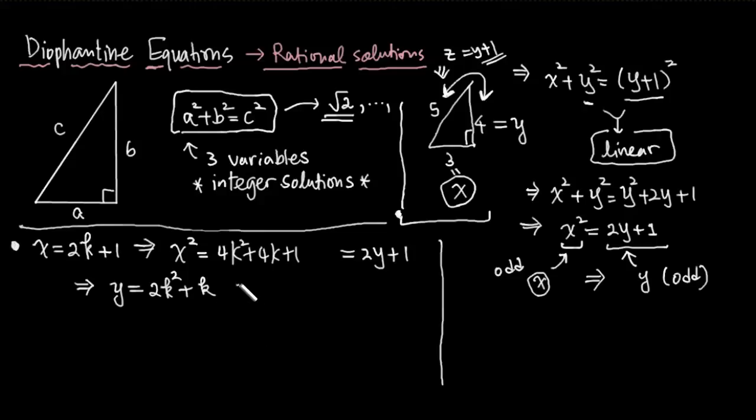From there, we have the solution for z. z is simply 1 bigger than y. Therefore, we have 2k squared plus 2k plus 1, and that is the z value. So if you plug in any k value in here, then this will fit into these Pythagorean triples. Sorry about the mistake. I missed that coefficient 2 in front of it, so I inserted it there.